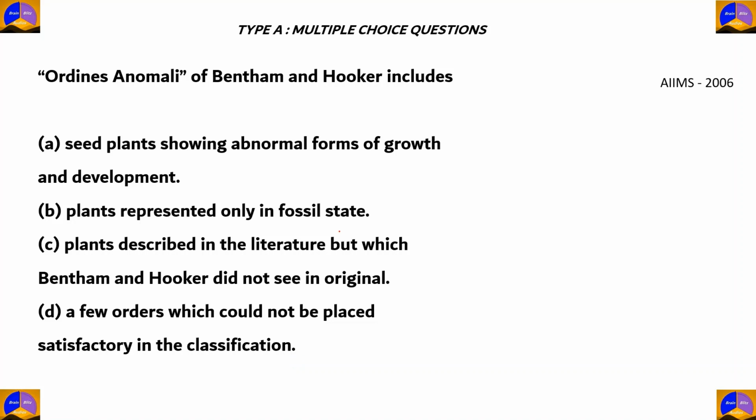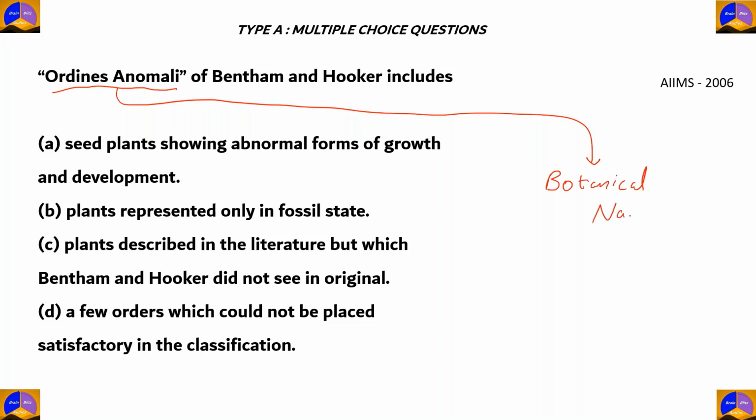Now, this book, Ordinous Anomaly by Bentham and Hooker, was published before botanical names were standardized by the ICBN.